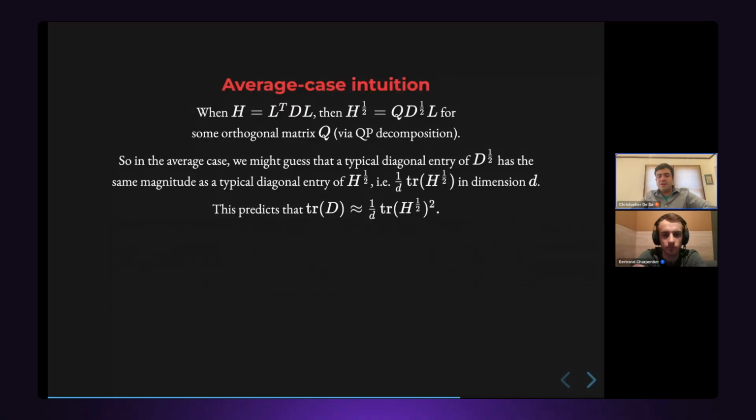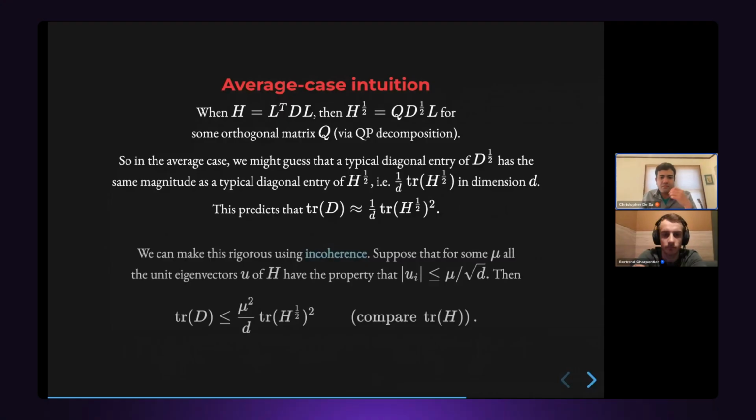And in particular, for average matrices, like a random matrix, the trace of the diagonal part of the LDL decomposition is going to be small relative to the trace of H. And in fact, it scales roughly like 1 over D times the trace of H to the 1/2, squared. And you can make this notion of averageness rigorous using a concept from linear algebra called incoherence.